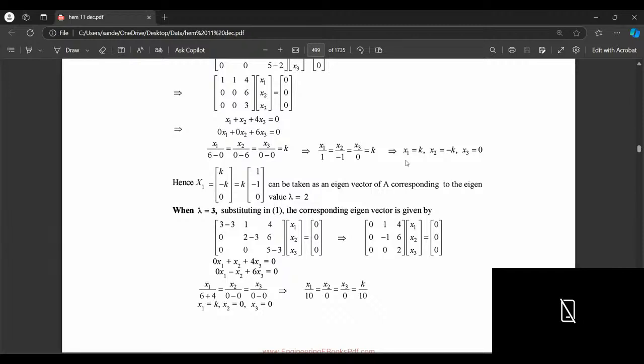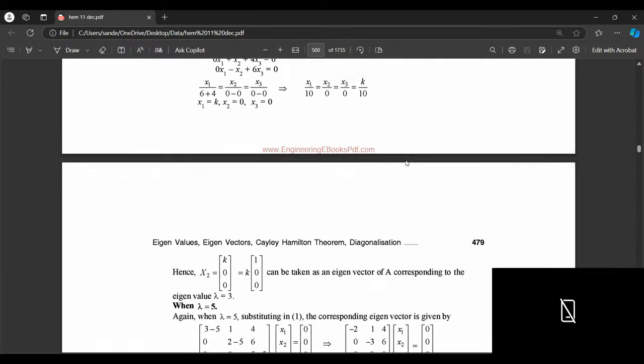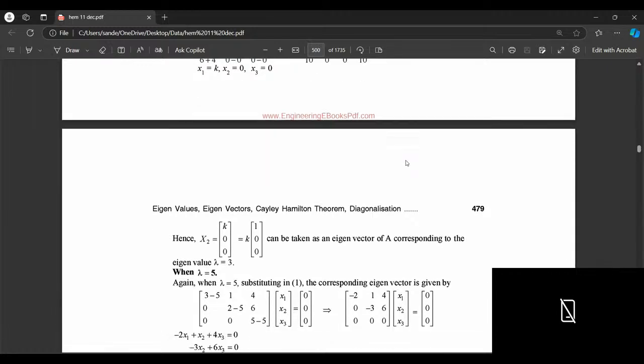So you'll get x2 is 0, x3 is 0, and x1 is non-zero. You can write x1 equal to 1. So the second eigenvector is k times (1, 0, 0), which is the eigenvector corresponding to the eigenvalue lambda equal to 3.